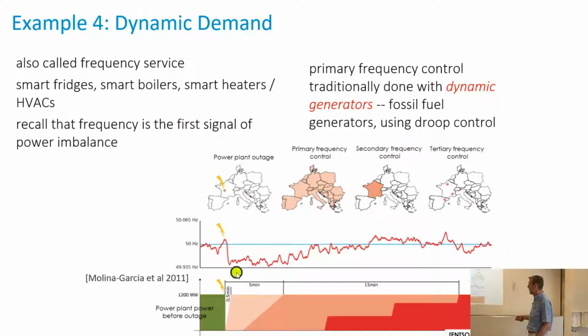It's not like primary frequency, which is embedded in the generators and has them modulate their actual production. The secondary signal is an explicit one, and then it goes to all the generators that have made available their capacity for that type of thing. Here we see that the secondary reserve kicks in, but is also not able to fully restore the frequency.